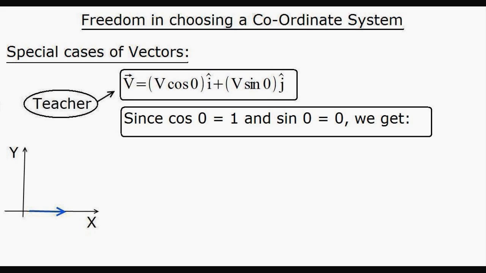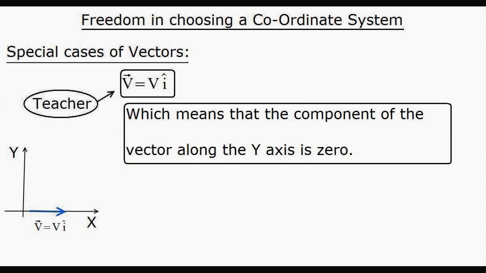Since cos 0 is equal to 1 and sin 0 is equal to 0, we get V bar is equal to V times I hat, which means that the component of the vector along the y-axis is 0.